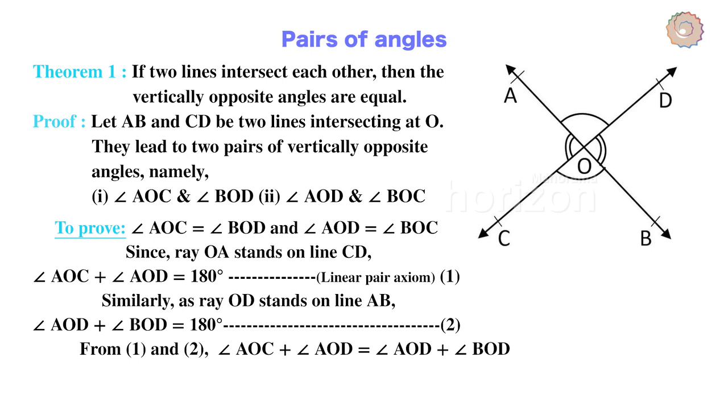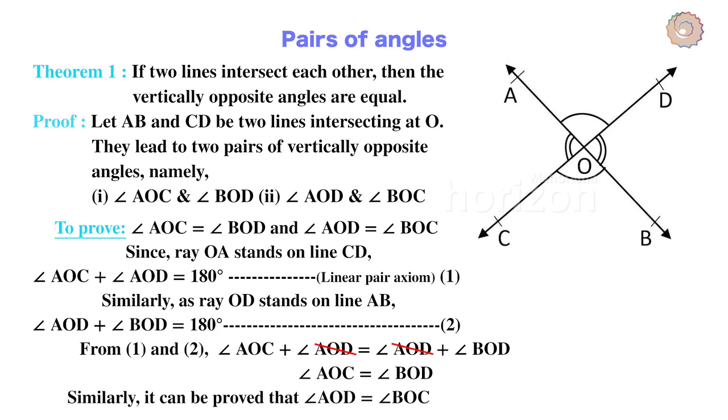Since the RHS of equations 1 and 2 are equal, we can equate their LHS, that is, angle AOC plus angle AOD equals angle AOD plus angle BOD, which implies that angle AOC equals angle BOD. Similarly, it can be proved that angle AOD equals angle BOC.